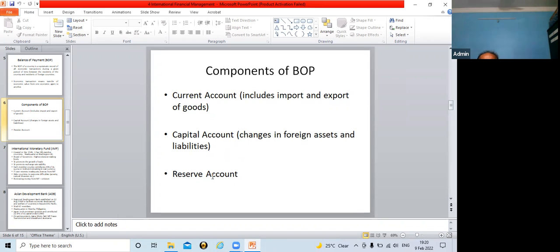The IMF has some special provisions and a head under which it may help India bridge this gap, because India is facing a deficit BOP. So to cope with this deficit BOP, the Indian government will ask the IMF for help, and the IMF may give some amount. That amount comes under the reserve account. So basically these are the three components of balance of payment: current account, capital account, and reserve account.